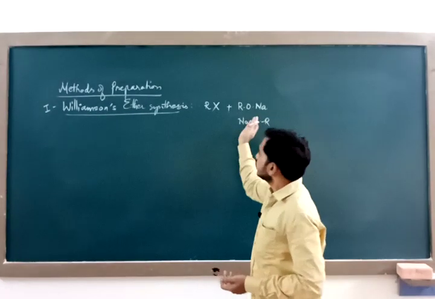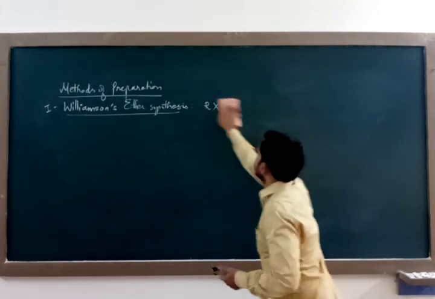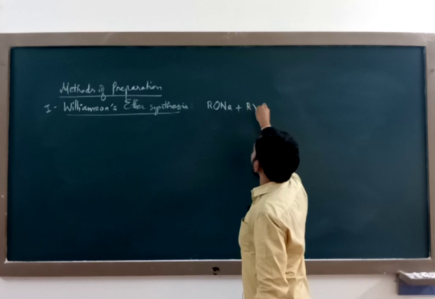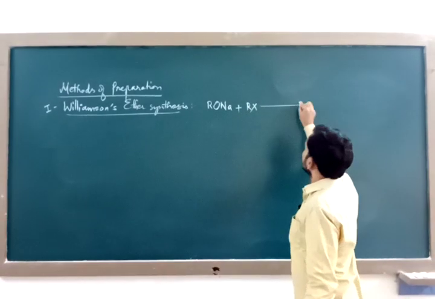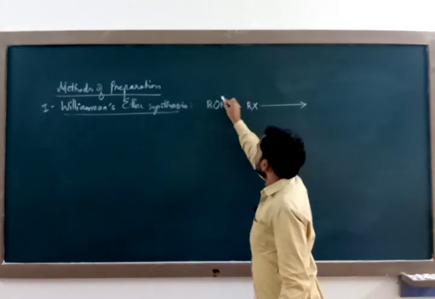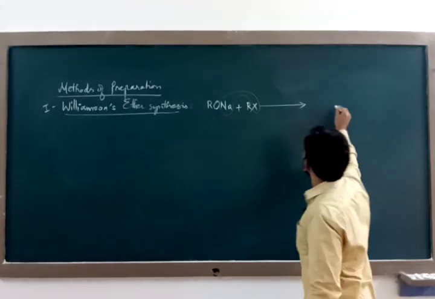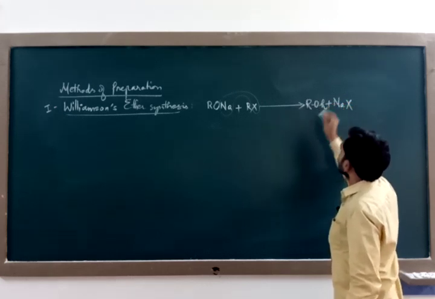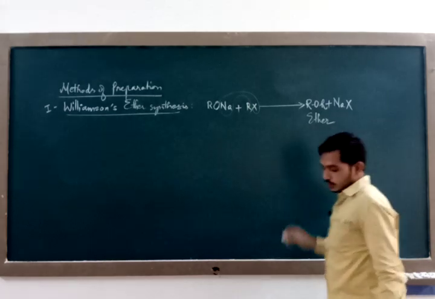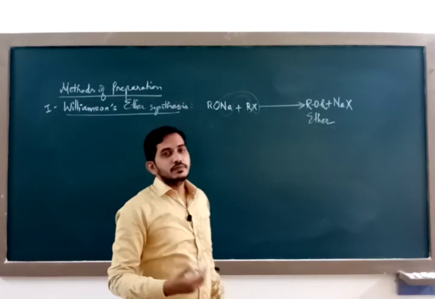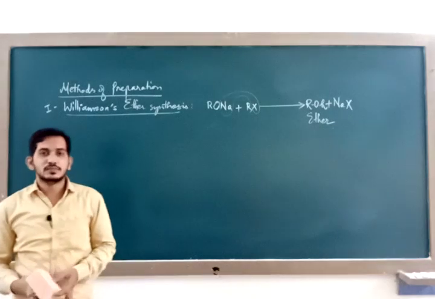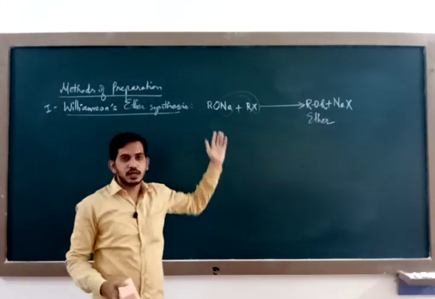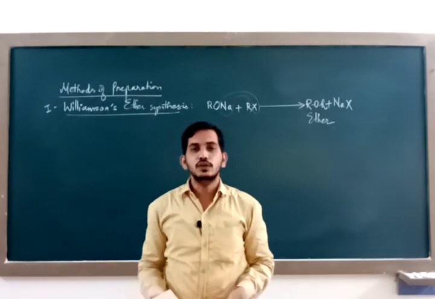If not, you rephrase this equation as, first take sodium alkoxide, react it with alkyl halide. Then what will you get? You eliminate Na and X. Sodium halide goes away, leaving behind only ROR, which is an ether. So this method was devised by Williamson. Therefore, this method is called Williamson's ether synthesis, in which an alkyl halide is reacted with sodium alkoxide or potassium alkoxide, which will give you ethers.